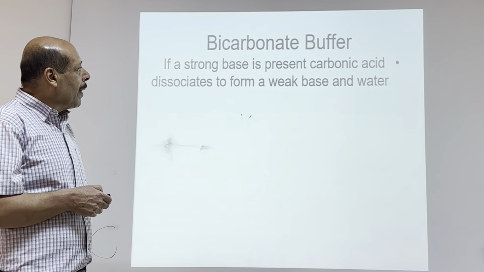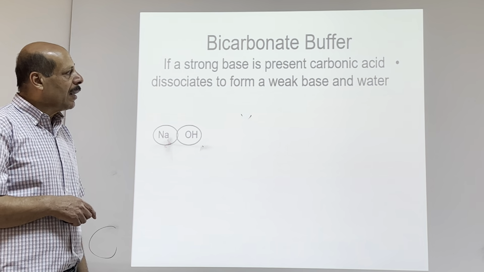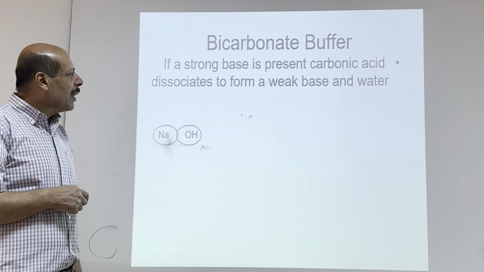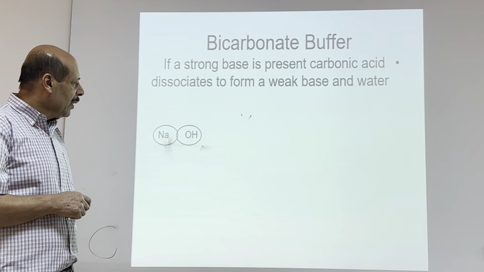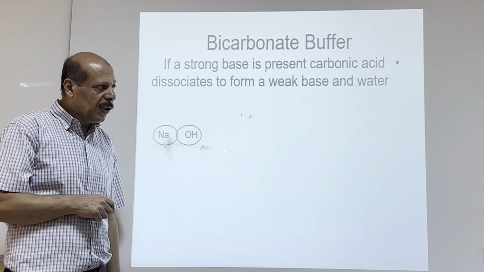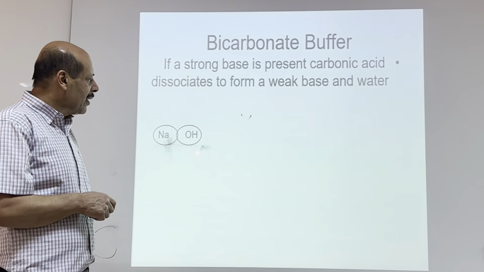The bicarbonate buffer also acts if a strong base is present. NaOH, which is a strong base, dissociates into sodium and OH.